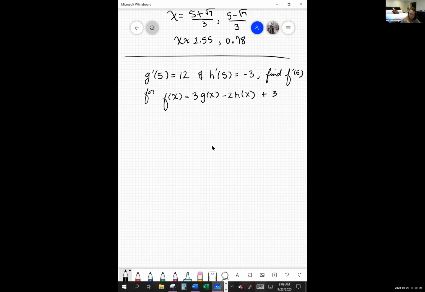So we want to find f prime of 5, right? And so we need to figure out, let's find f prime of x. If we're going to find f prime of x, we're going to go through here and take the derivative of this whole thing.